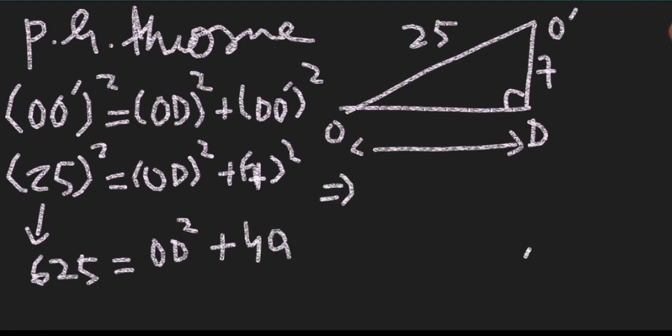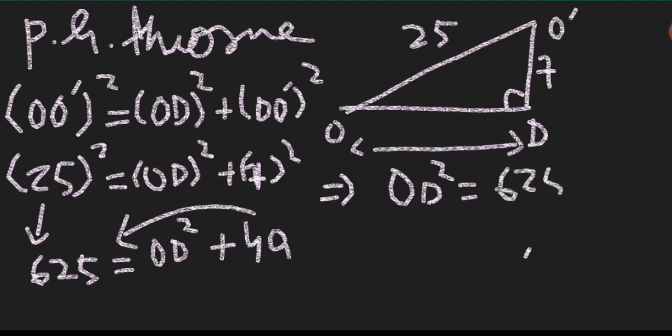Here we can write OD square will be equal to, transposing 49 to LHS, we can get 625 minus 49.